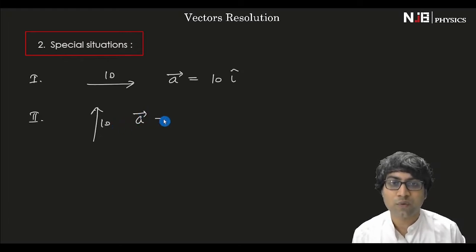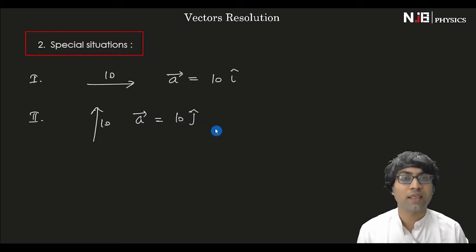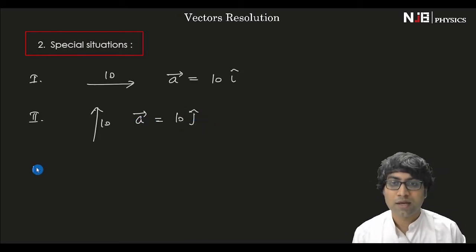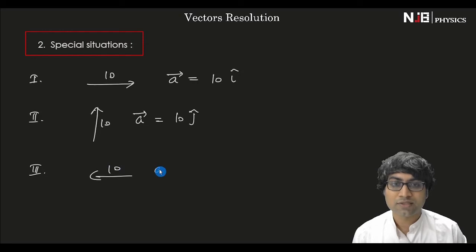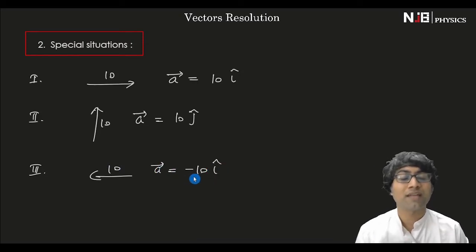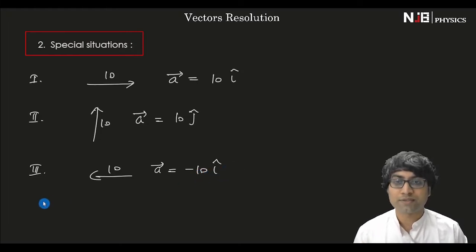So now this A vector is going to become equal to 10 j cap and no component in the x direction. Now if the situation is like this, that this vector is towards the negative x direction, then in this case the vector will be equal to minus 10 i cap. This minus sign is indicating that the x component is negative and definitely no y component is there.